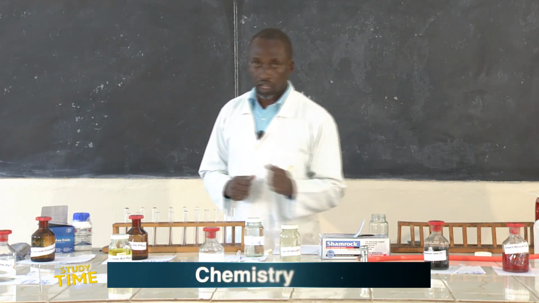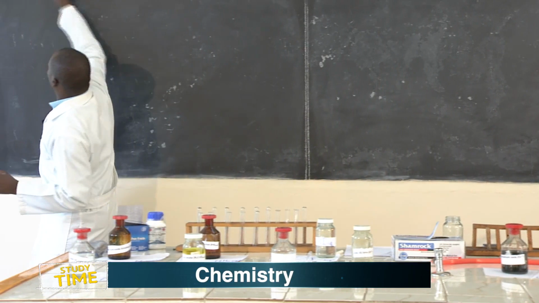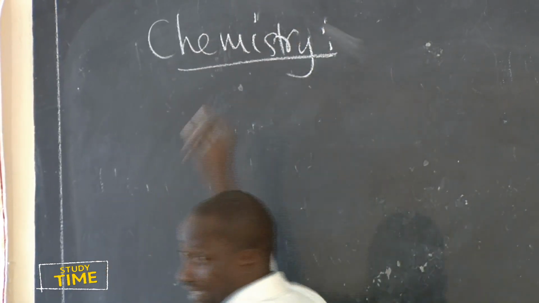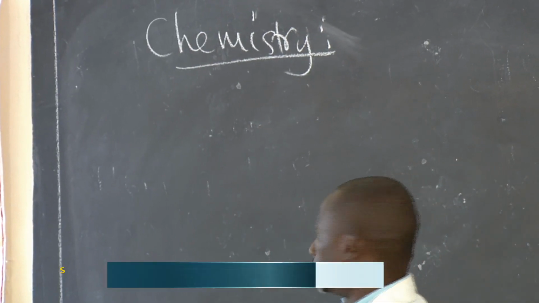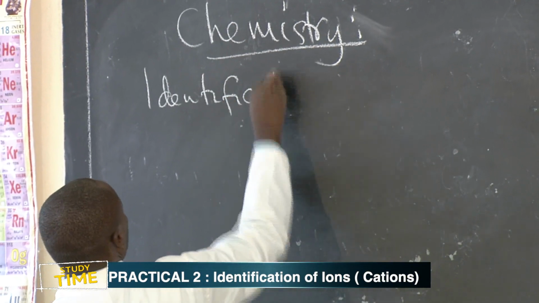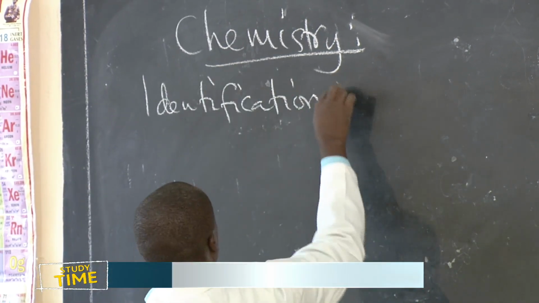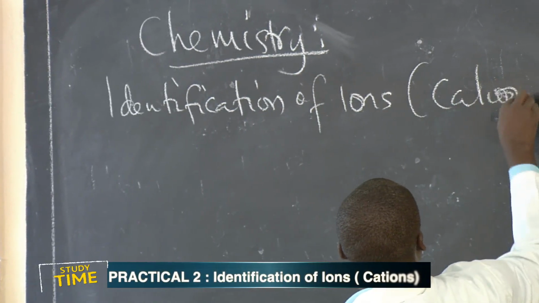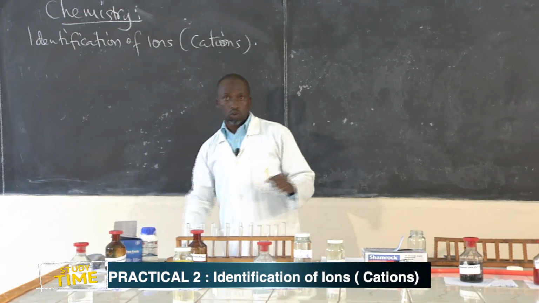We are talking about chemistry, and to be precise, we are looking at the identification of ions. And this time we are just talking about the cations, because we have two types.